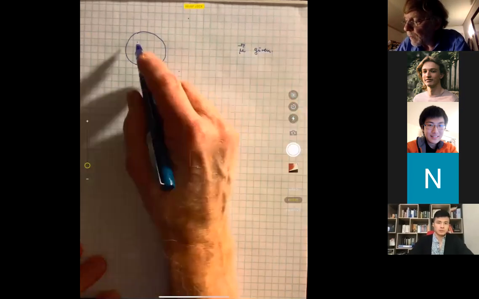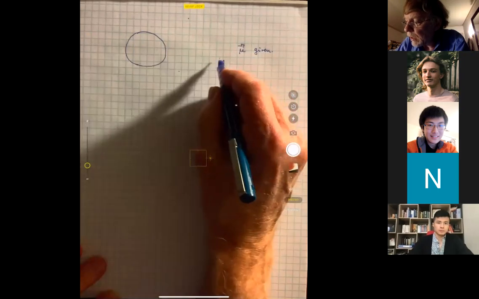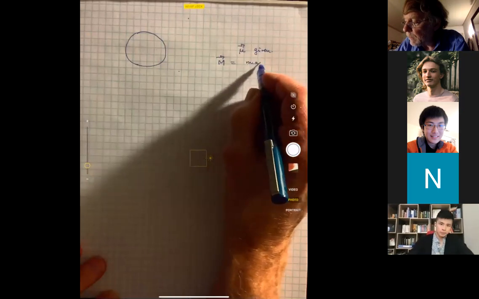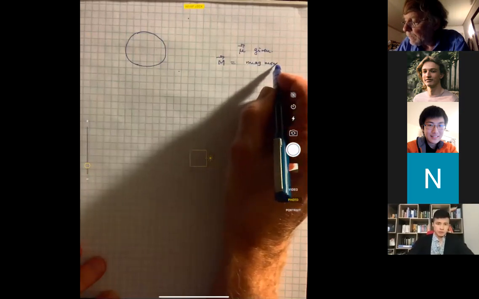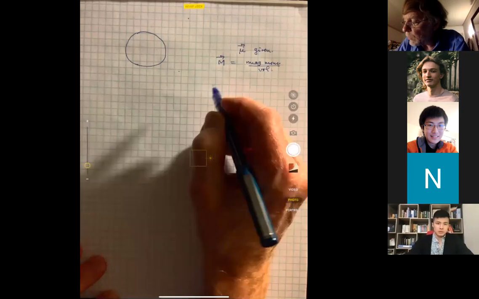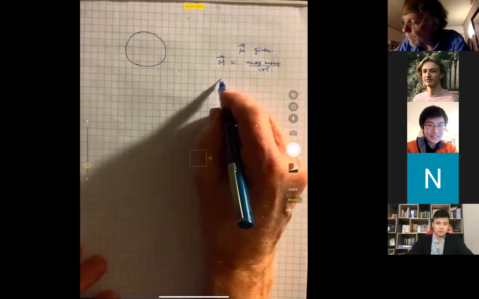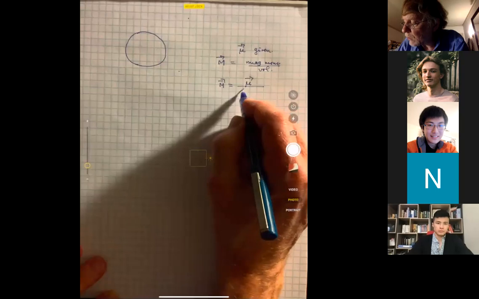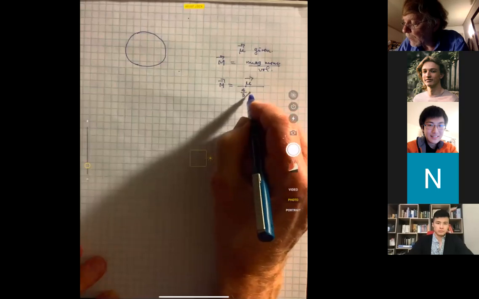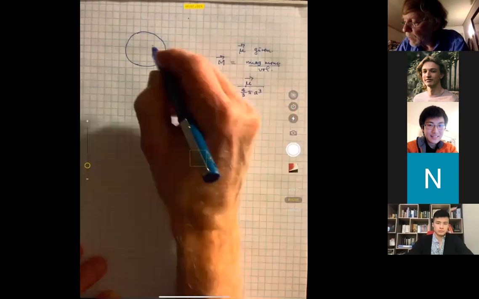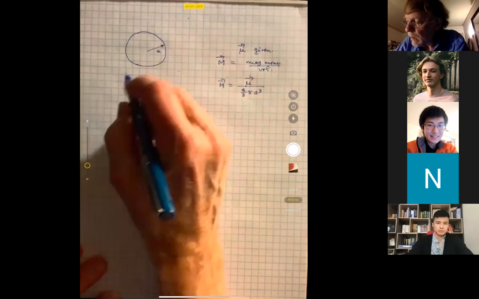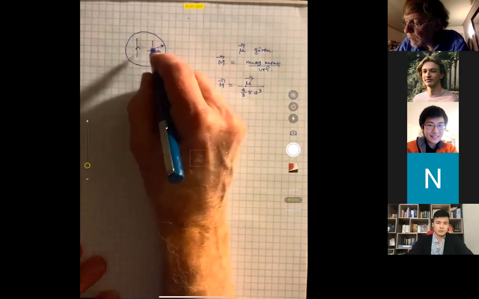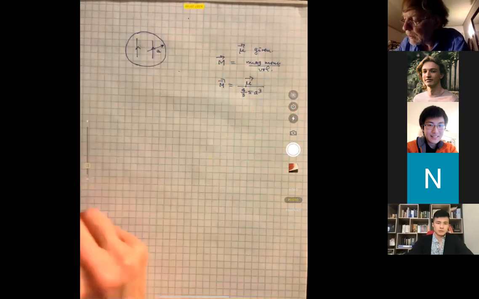The sphere is uniformly magnetized, and magnetization M is defined as the magnetic moment per unit volume. So we want the magnetization of our sphere to be equal to the net magnetic moment mu divided by the volume of the sphere, which will be 4/3 pi a cubed, where a is the radius of the sphere. That means that inside the sphere, the magnetization is uniform and, let's say, points in the vertical direction.